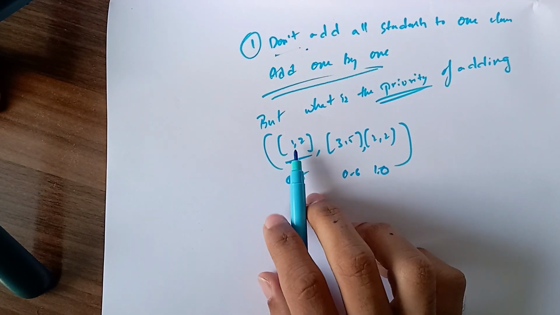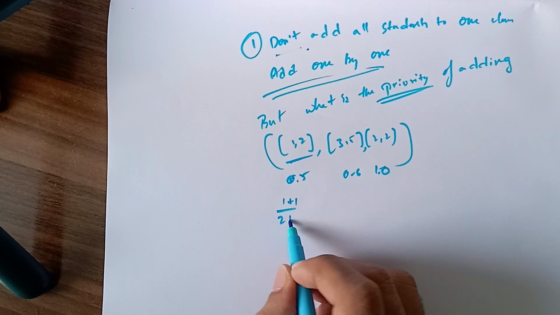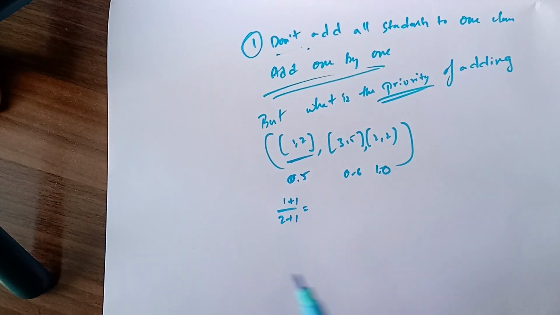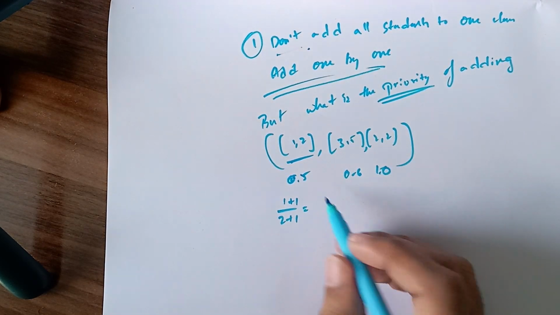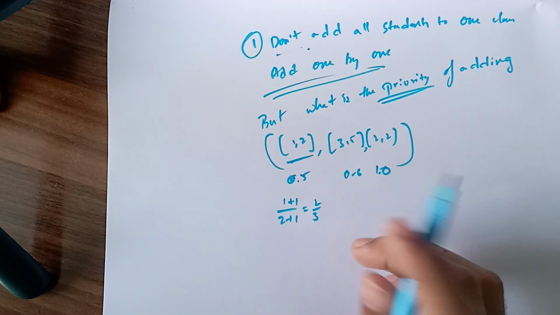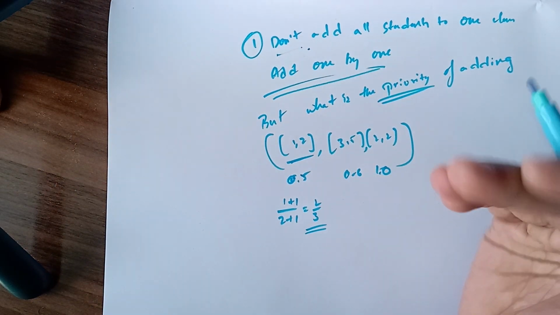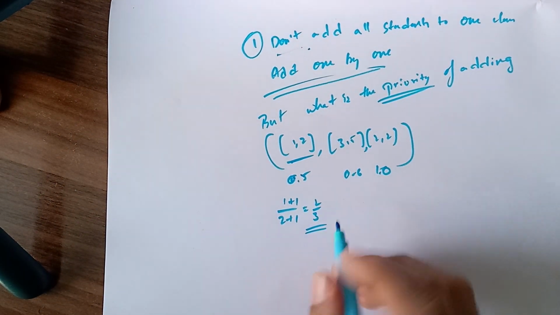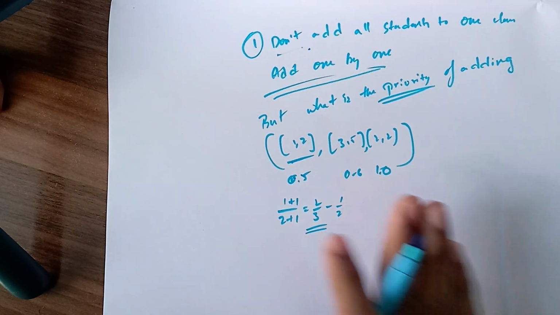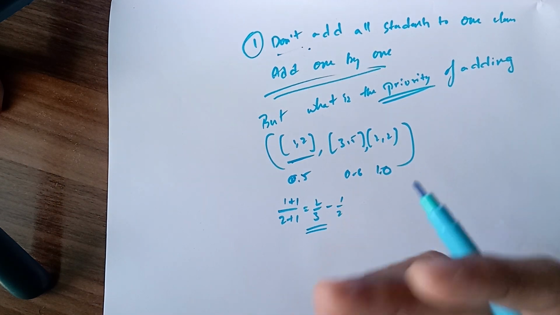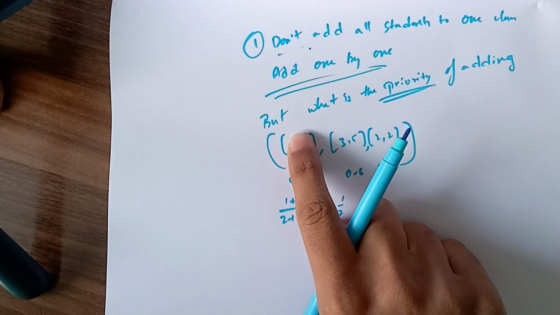If you add one passing student to class 1, the passing ratio will be 2 by 3. Here I am computing what happens if I add only one student to this class.